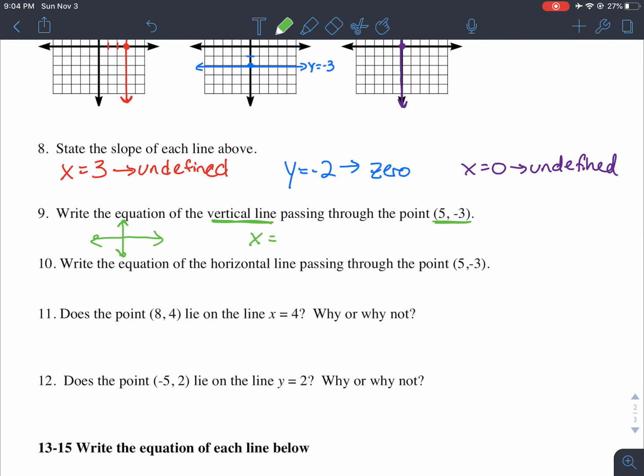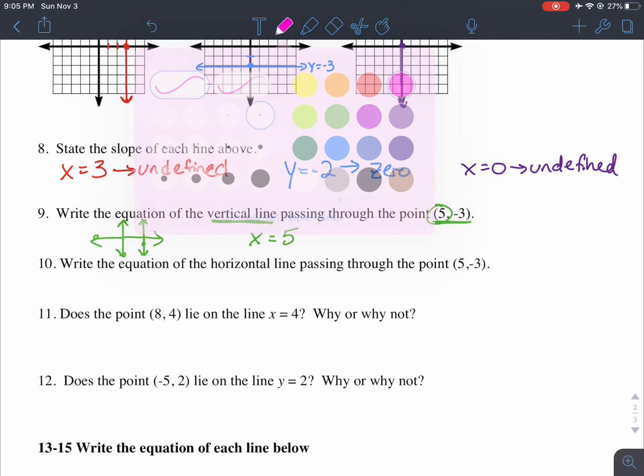So, in this particular case, it's 5, -3, which would be approximately right there. And x is a vertical line. And I can see that the x coordinate in that case is 5. Therefore, the line x equals 5.